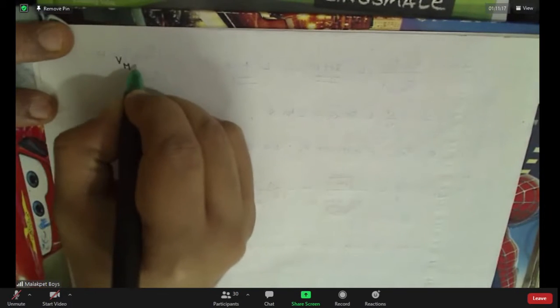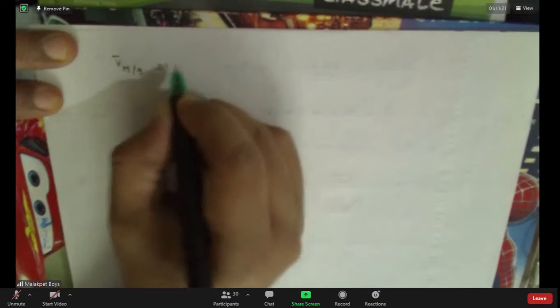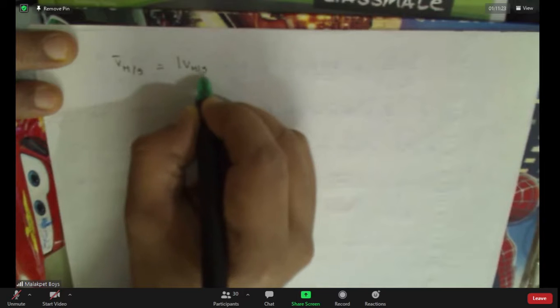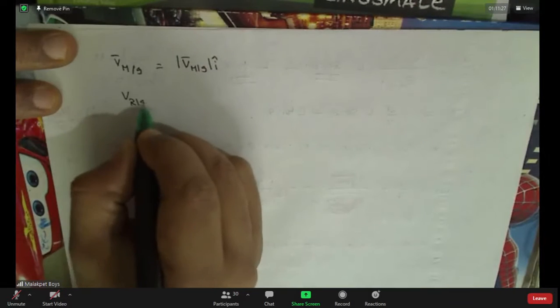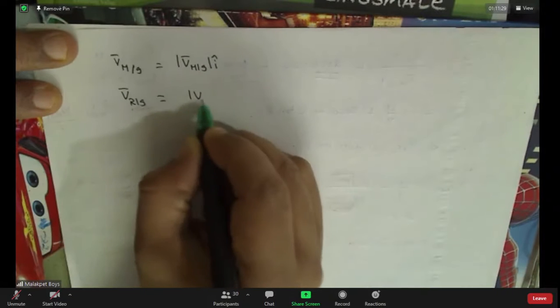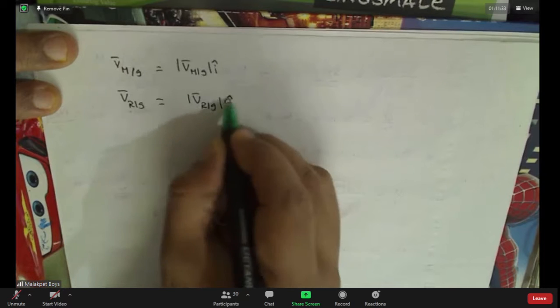What I mean to say is the velocity of man with respect to ground will be given. He'll give some value. And velocity of rain with respect to ground will also be given, for example, minus j.